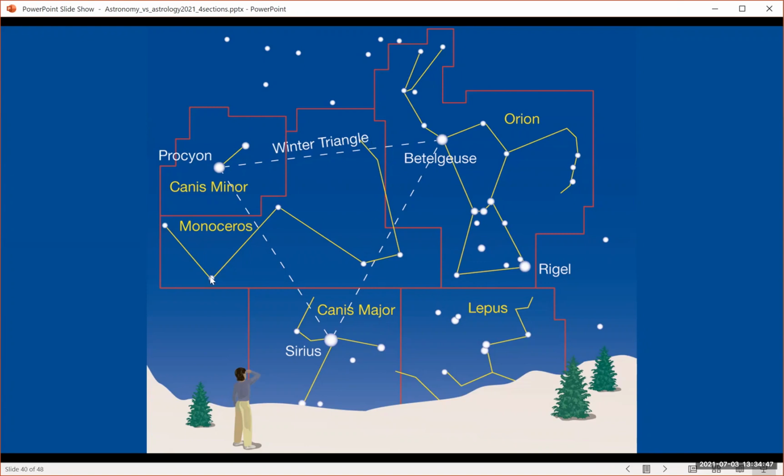And you can see here that if we just join the lines, there are some stars here that you might think of historically as being Monoceros, but actually would end up in Orion. And so there are some stars that end up with names that identify them with more than one constellation. But again, just remember that all that matters here is if it's a star inside of this boundary, it's considered to be in Orion. It has no relationship, or not necessarily any relationship, to the other stars in the constellation.